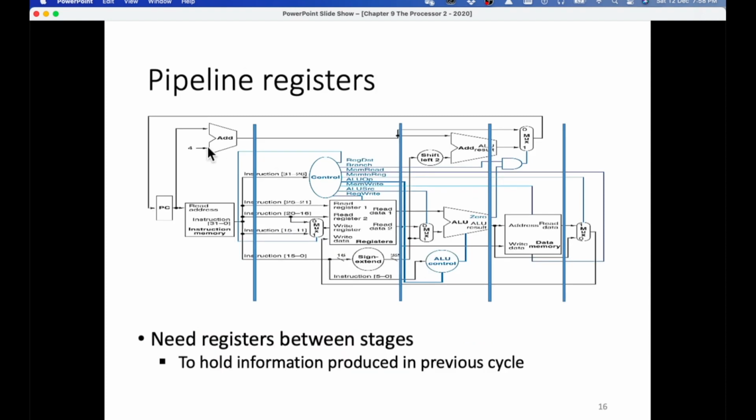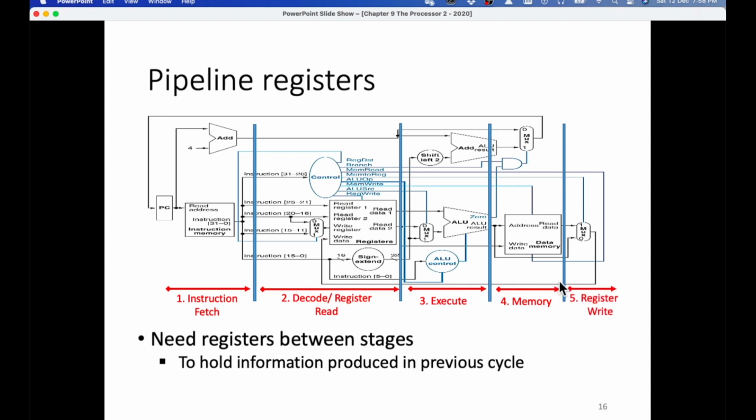If we want to implement the pipeline, we need to put new registers here. It is called a pipeline register. Between the stages, we need one register to keep the information between stages. For instruction fetch, one register keeps all the information for this particular stage, and then we have one register here, another register here, and one register here.